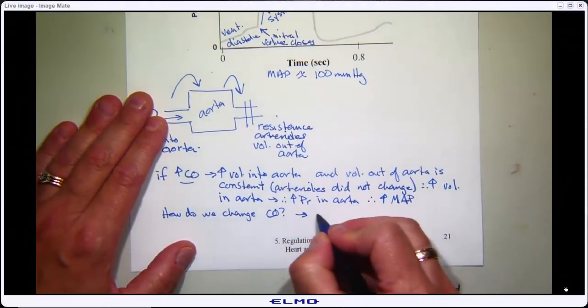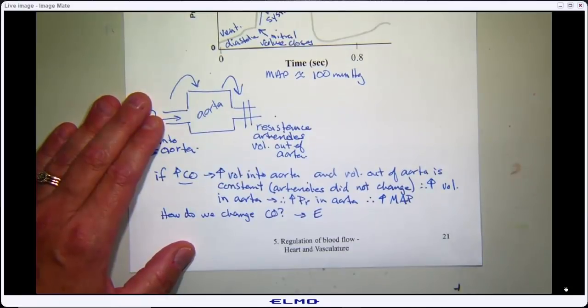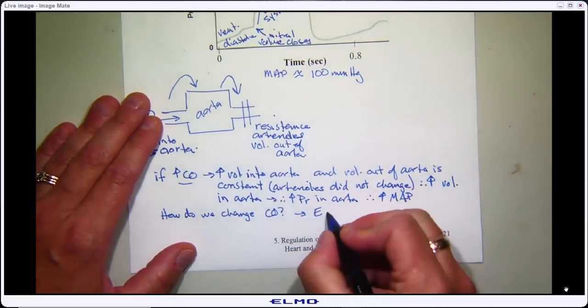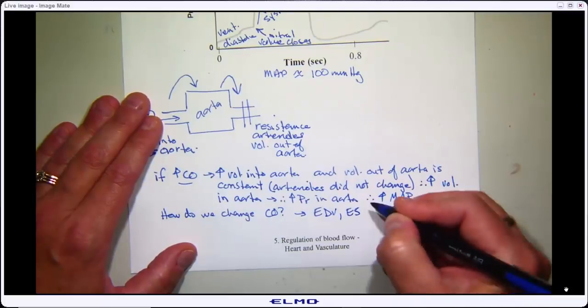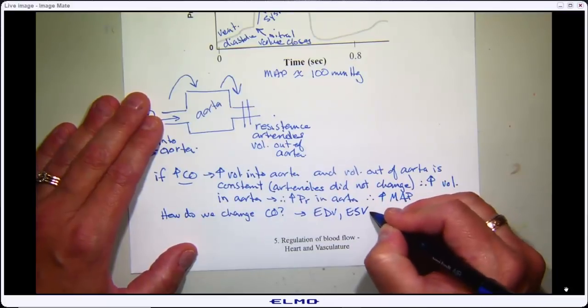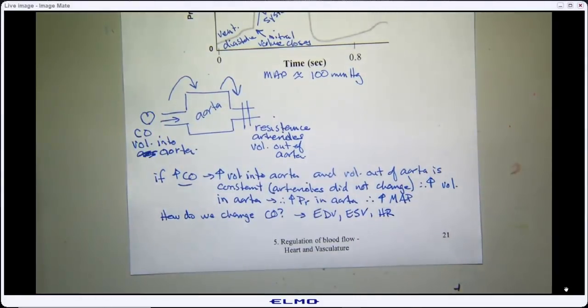Okay, well, this is back to the determinants that dictated what cardiac output was. It can't be anything else, so we're not going to bring anything new and fancy in here. All we have are the determinants of cardiac output. They were end diastolic volume, end systolic volume, and heart rate. Stroke volume and heart rate. That was all it was.